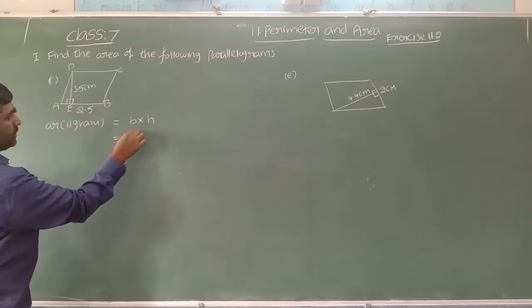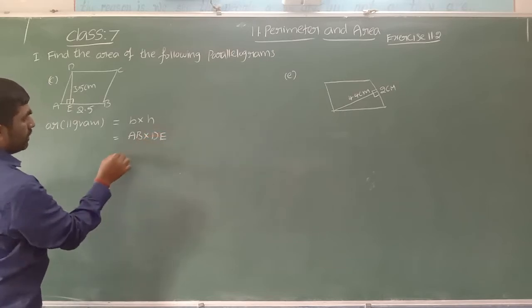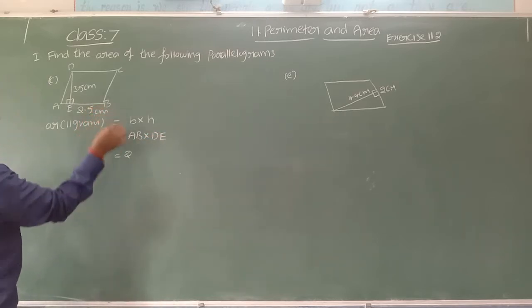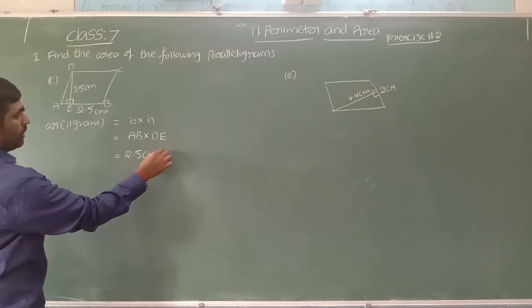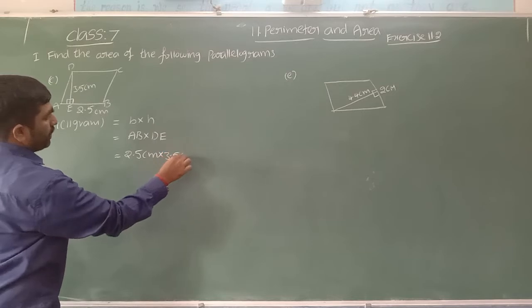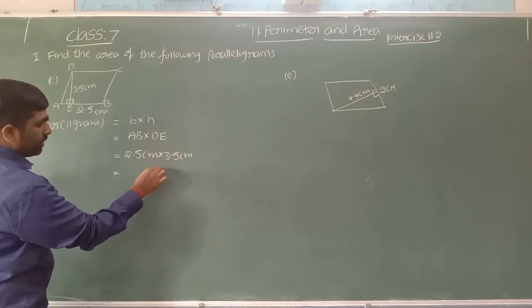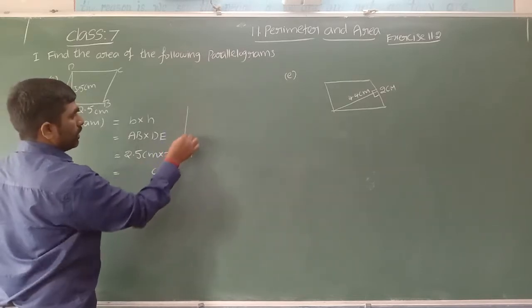AB into what is the height? DE. AB is 2.5 centimeters into DE, which is 3.5 centimeters. Centimeter into centimeter is square centimeter, and multiply both.